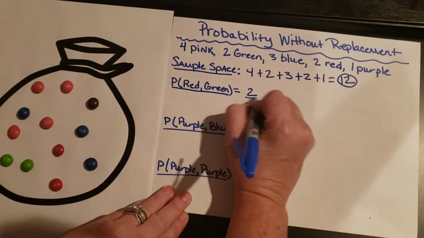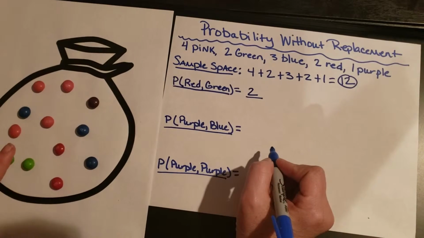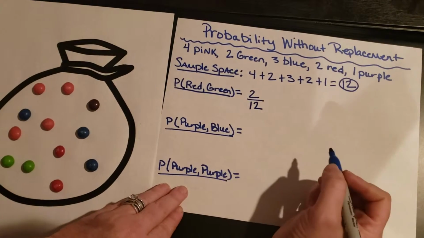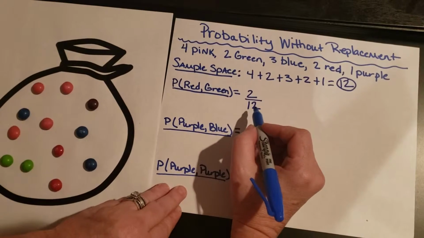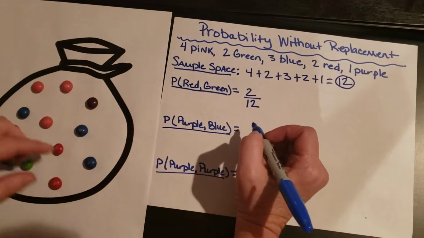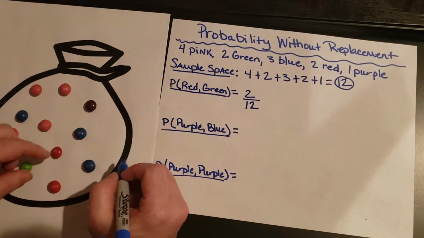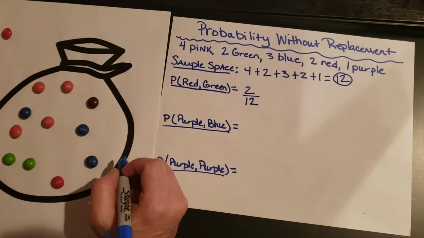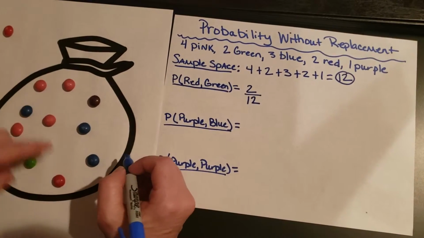And again, there's 12 total in the bag, so we're going to put 12 here. This is just the probability of selecting red. Now we're going to take a red out, and since it's without replacement, we're going to leave it out. We're not going to put it back in.